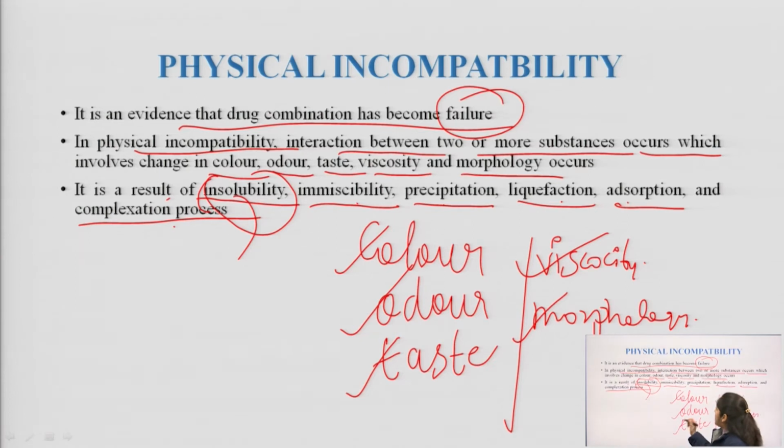For example, if there is a precipitation or a liquefaction of the drug, if 2 or more substances are mixed and the result was that liquefaction happened. So, what we can say is that liquefaction is a chemical process, because there is bond formation and bond breakage. However, what is the result? That there is a change of morphology. So, can we say that due to chemical incompatibility, physical incompatibility has also occurred because there is a change in morphology?